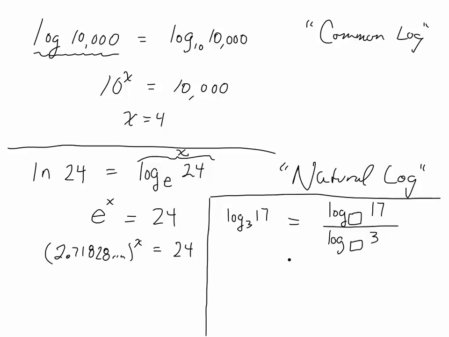As long as you choose the same base for the numerator and the denominator, that quotient will equal this value. So you're going to choose one of the two that you have a button for. Both will give you the same answer, so we're going to do it both ways. We're going to do log of 17 over log of 3. And what was our prediction for this? I think Christian said 2.5. So do log of 17 over log of 3, and then do ln of 17 over ln of 3. The change of base formula says when those bases match, you'll get this answer.